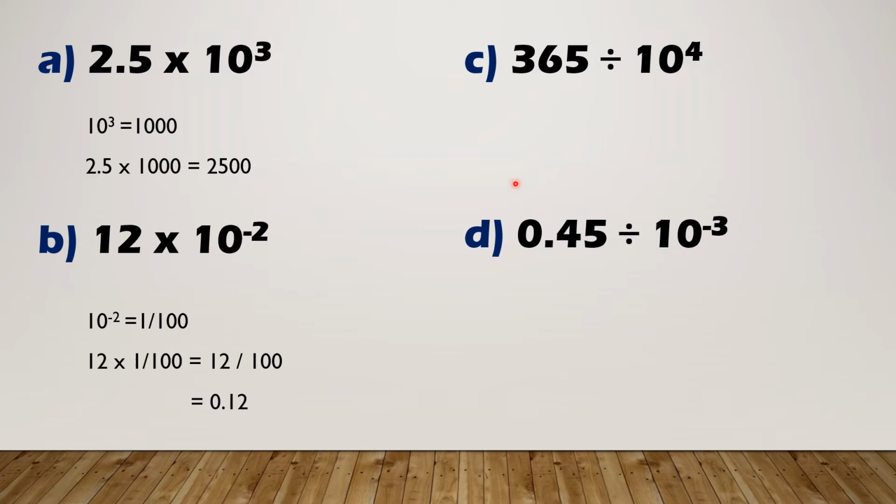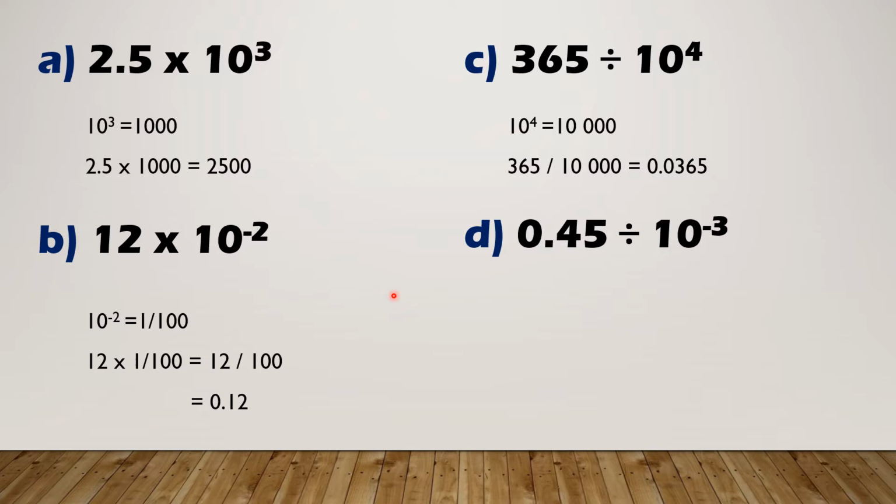Let's move on to C. 365 divided by 10 to the power of 4. So same thing, 10 to the power of 4 is equal to 10,000. 365 divided by 10,000 and you get 0.0365.